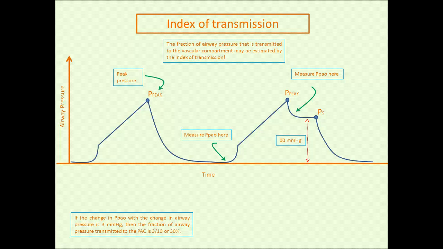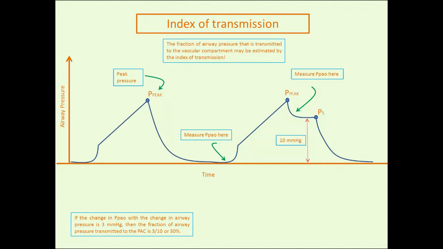So this is kind of a cool number, because now you can use this index of transmission and apply it to different vascular pressures that you're measuring in the thorax to get a sense of how much of that vascular pressure is being made up of the pressure applied by the ventilator. Now again, the lungs and the chest wall may change in compliance, and there may be very dynamic changes in your pulmonary characteristics.